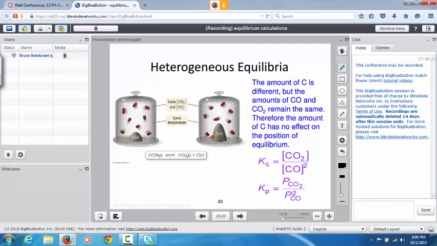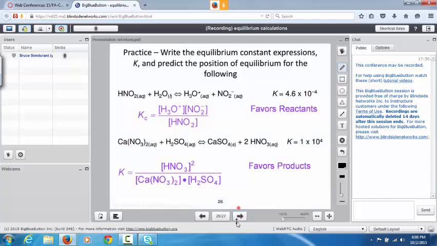In order to be involved in the equilibrium constant, it has to be in a homogeneous solution. And the other thing is the solvents are not included in the equilibrium constant. So water, if it's done in an aqueous solution, would not be included in the equilibrium expression.